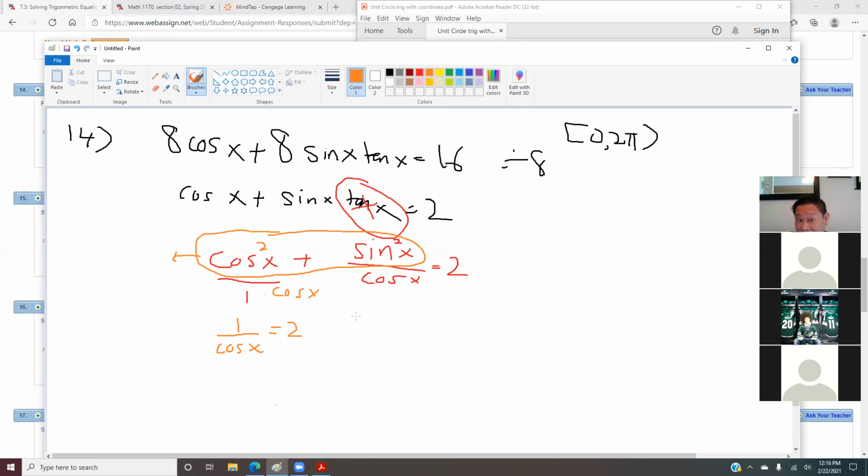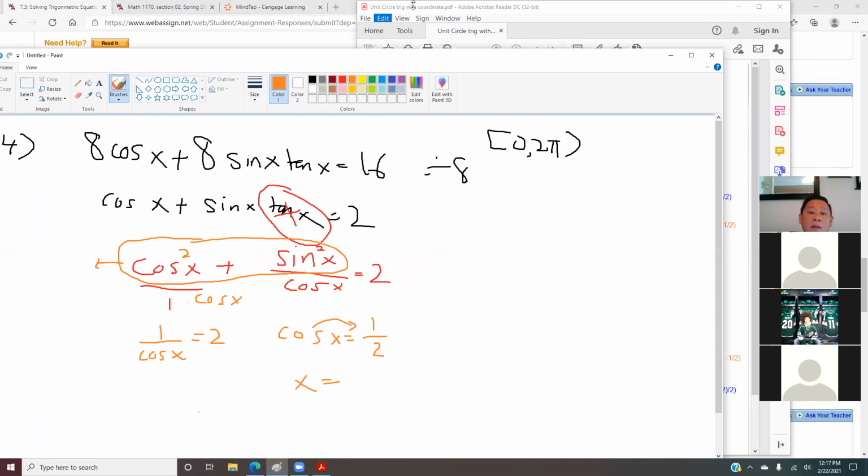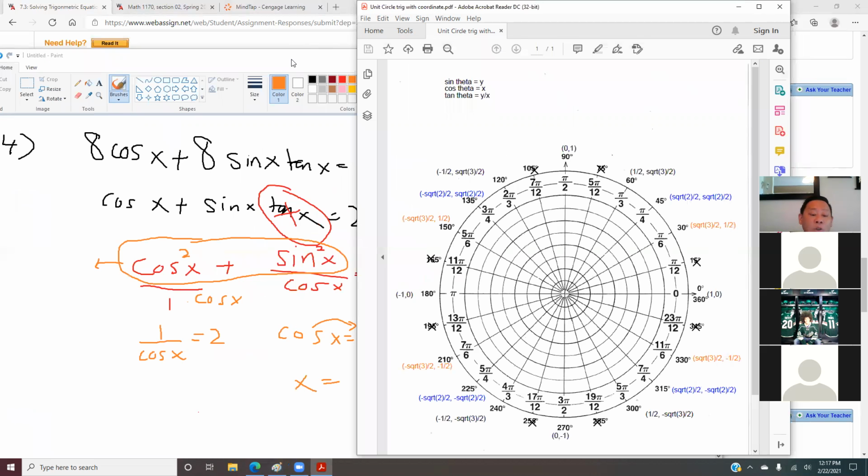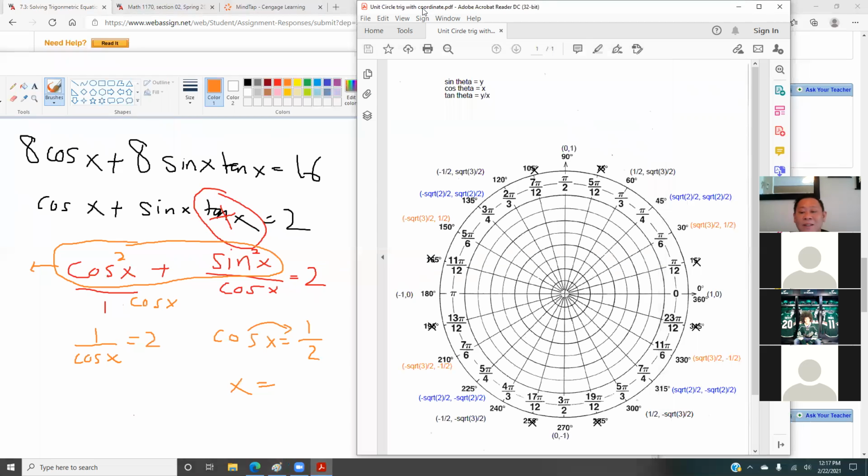So this is very easy now. So what I do is I flip-flop this. So cosine x in this case is what? 1 over 2. So I interchange this, and then you move the cosine over to become arc cosine. So can someone tell me, using the unit circle again, which cosine will give us 1/2?